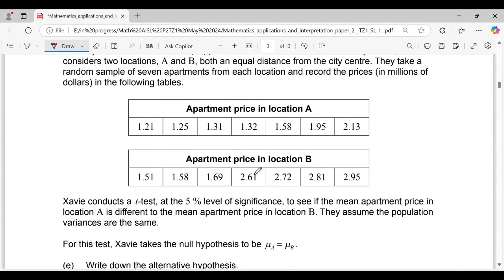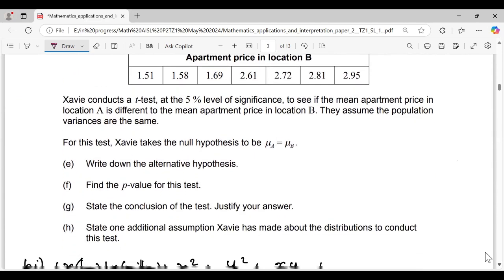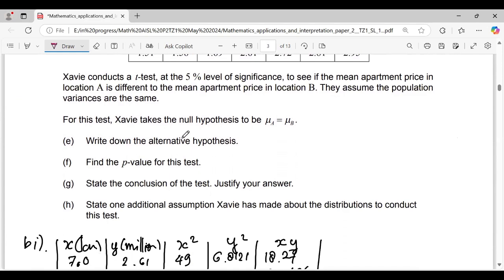Safi conducts a t-test at 5% level of significance to see if the mean apartment price in location A is different to the mean apartment price in location B. They assume the population variances are the same. For this test, Safi takes the null hypothesis to be mu A equal mu B. Write down the alternative hypothesis.